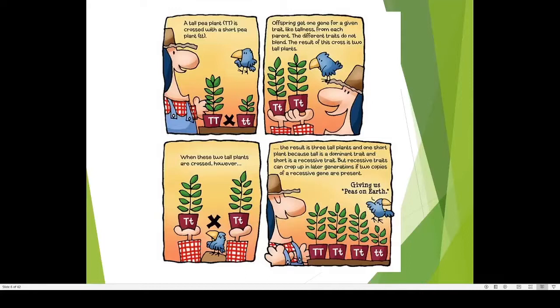So in this situation, he was able to conclude that tallness is a dominant trait. So if both parents have that trait, then their offspring will have that trait.